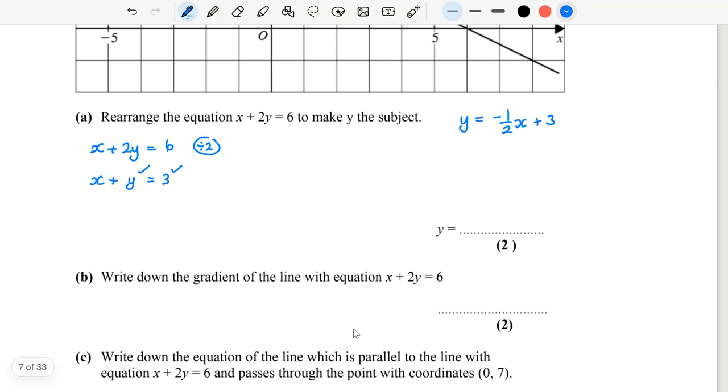So that would be x also divided by 2. Right? Now what would you do? I just want y equals. Yeah, but in what way?